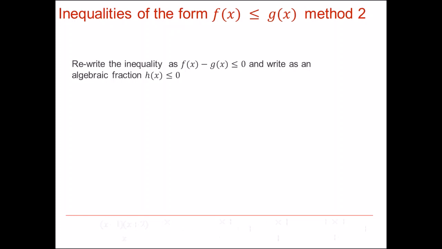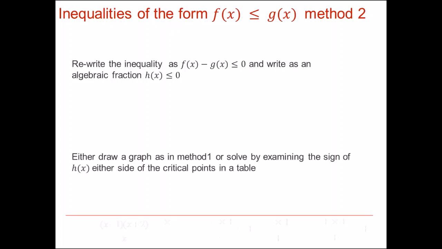As long as we can combine f of x minus g of x as a single algebraic fraction, we can proceed as we did in the first video to either draw a graph as we've just done or solve by looking at the sign of h of x either side of the critical points in a table. These are methods that we've already done, but I'll look at that in an example now.